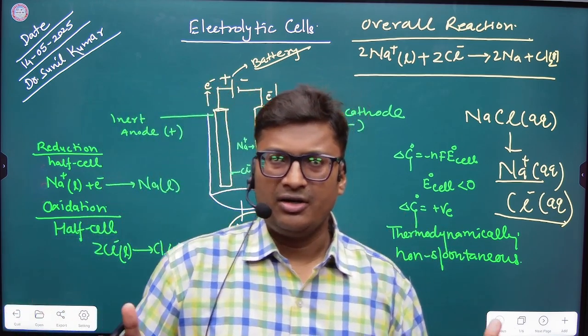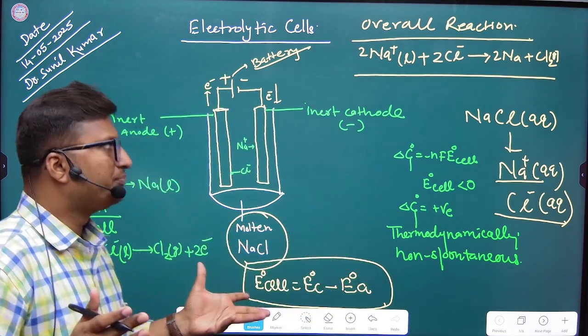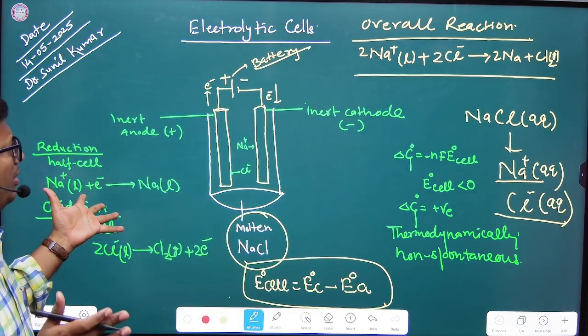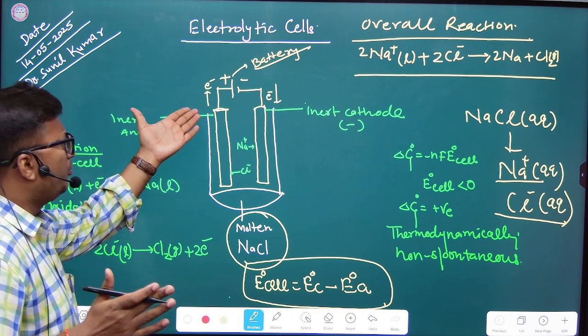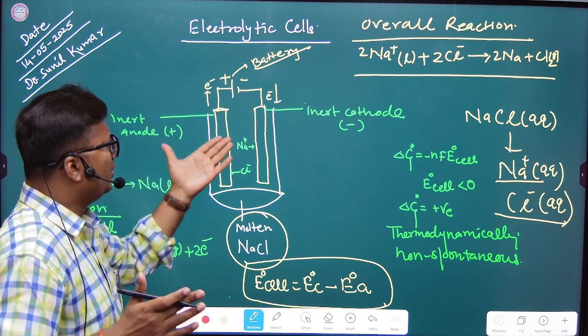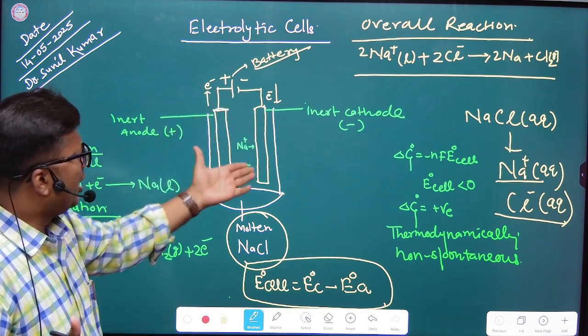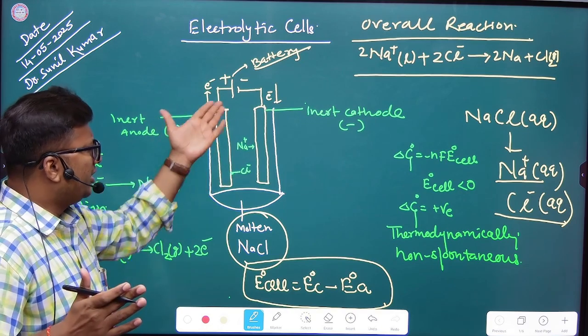In similar terminology, here also a potential difference is created because of the positive pole and negative pole on these two inert electrodes.